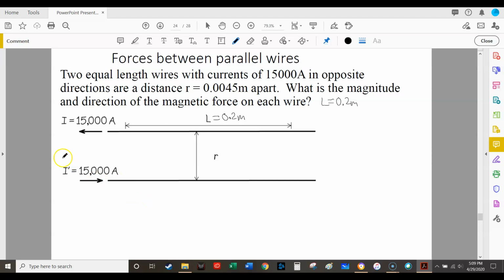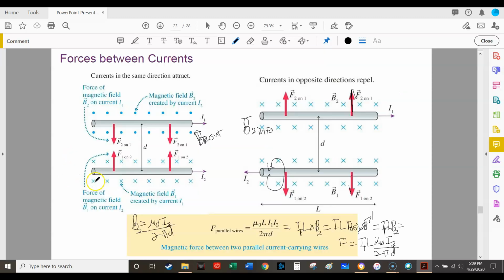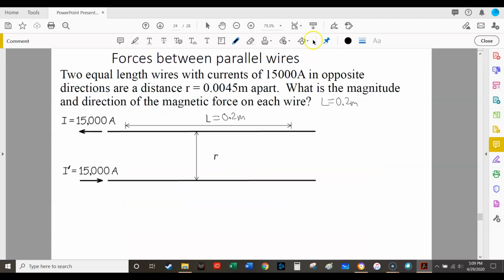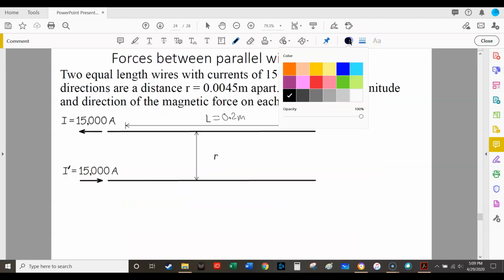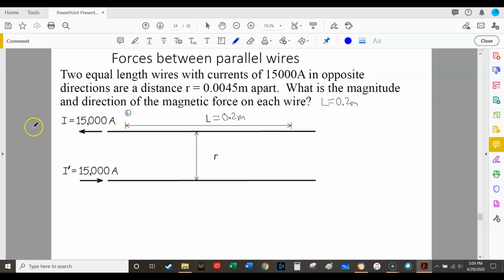Okay. I'm going to call this one blue. You're my boy, blue. This is wire number 1. And for wire number 1, let's figure out the direction of the magnetic field it's creating.